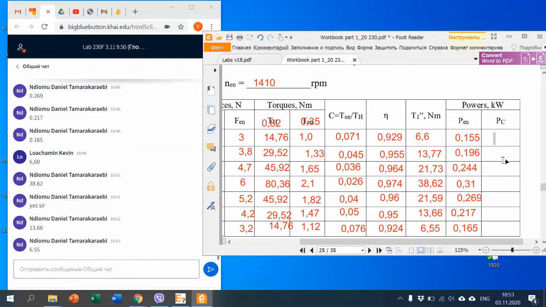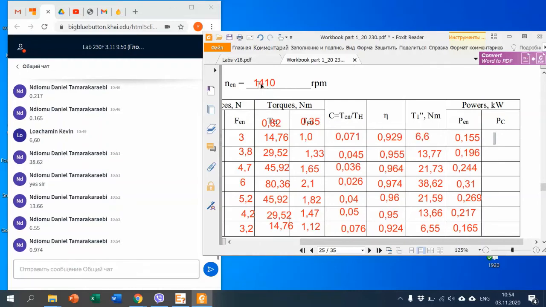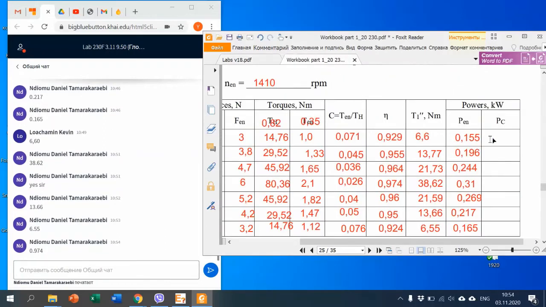How much? 6.6 times 1410 divided by 9550. Okay. 0.95, 0.975. Okay.